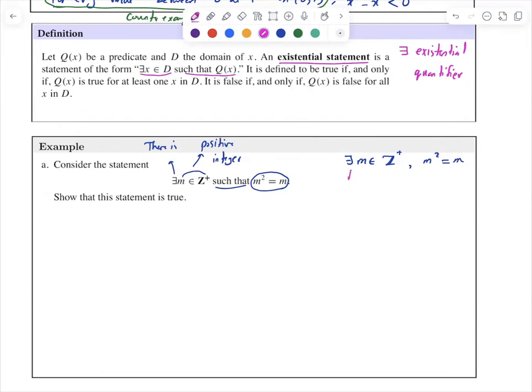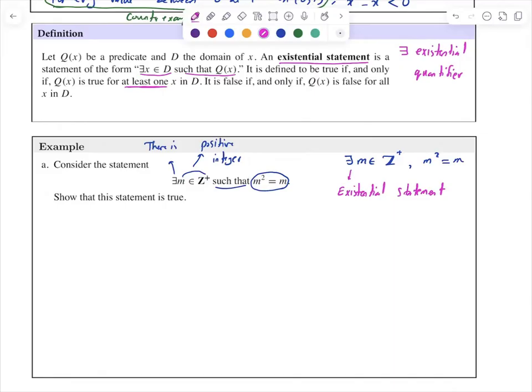We have an existential statement. Remember that to show that this existential statement is true, you only need to show that it is true for at least one element in the domain. So we're not looking for a value that makes this statement false.